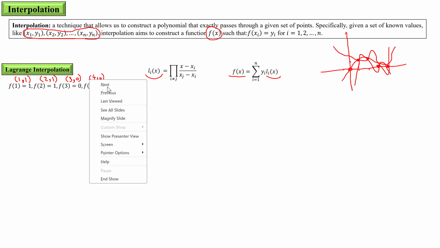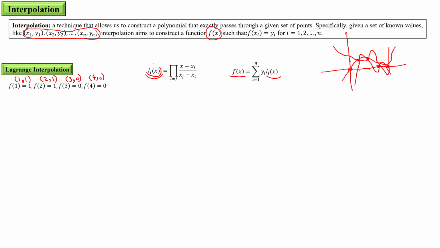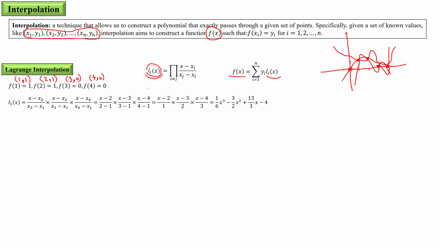Okay, first we need to compute the L sub i polynomials, and the first one is L1. L1 equals x minus x2 over x2 minus x1, and so on. So this is x1, this is x2, this is x3, and this is x4, right?